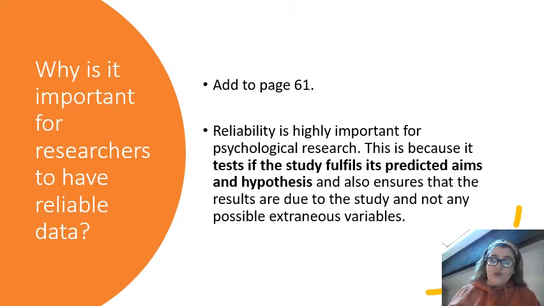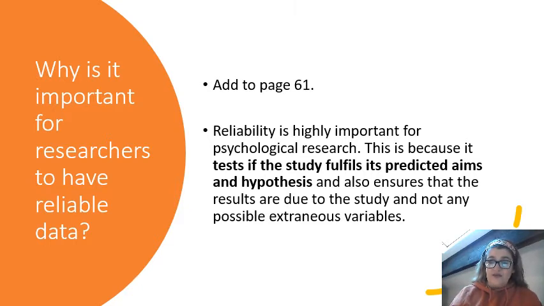Okay, so if we can put this, what I'm going to read out now, in the space under the heading, why is it important for researchers to have reliable data? So it's highly important as part of psychological research because if you remember our psychological research, we're trying to test out our aims and hypotheses.